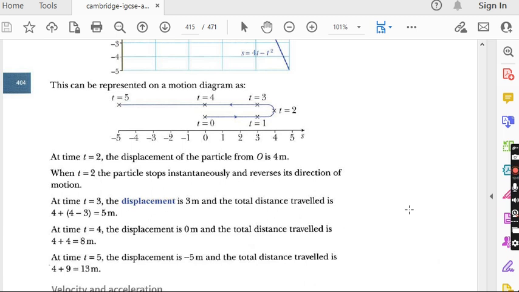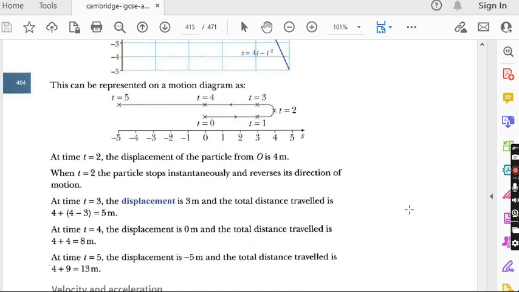Now t = 5. The displacement is minus 5, obviously, but the total distance is, you can see, from t = 0 to t = 2, 4, and from t = 2 to t = 5, you can check, 9.